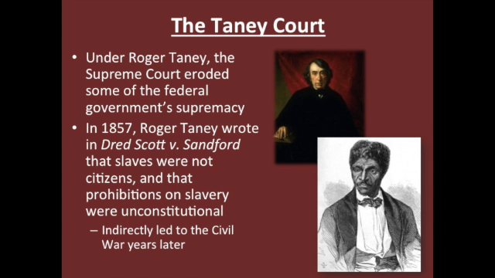Now, this was thought to be a legal matter at the time, but it ends up being a major bone of contention between the North and the South, notably pro-slavery and anti-slavery factions, and this is going to be a cause, an indirect long-term cause, albeit, but a cause of the Civil War starting in 1861.